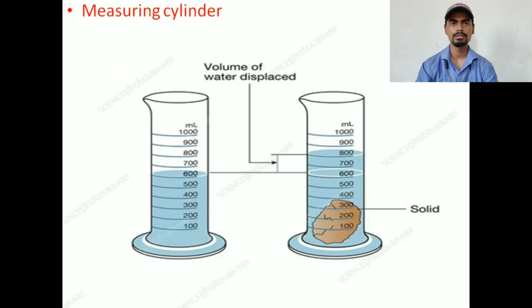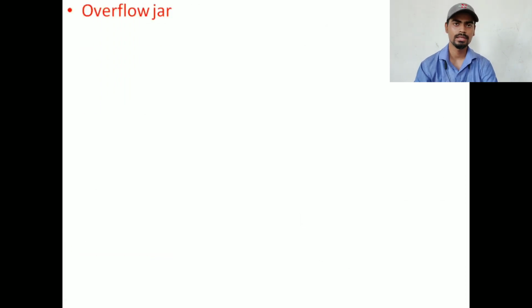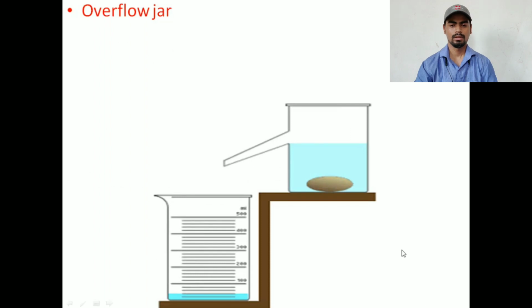Now let us look at the next one, the overflow jar. What will happen in this case? Initially you need to fill the water up to this level so that it does not overflow, and this jar will be empty.